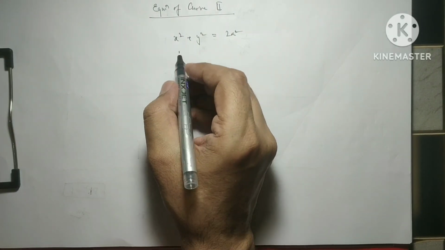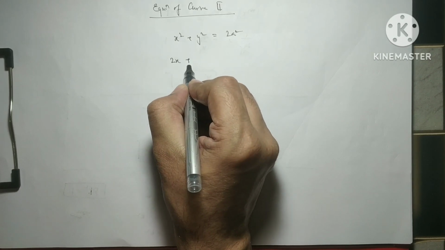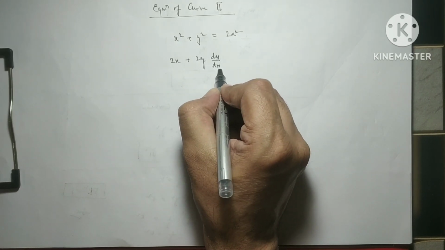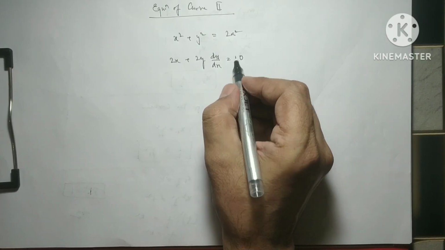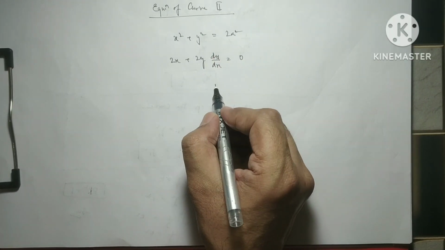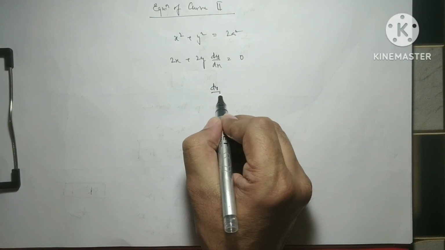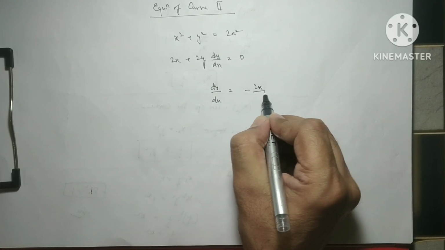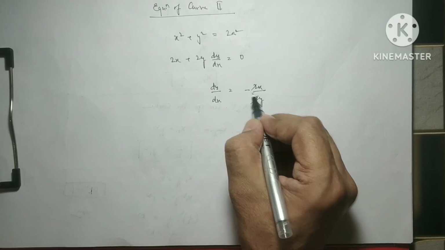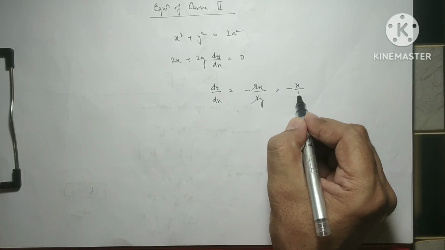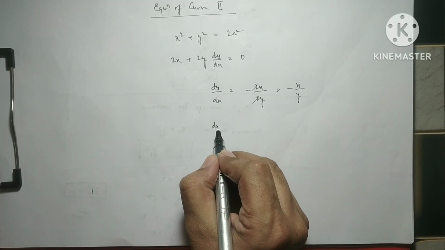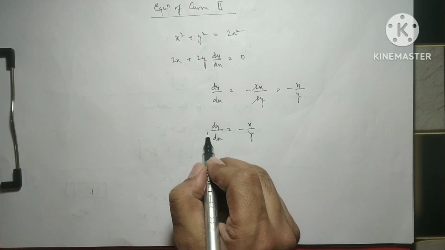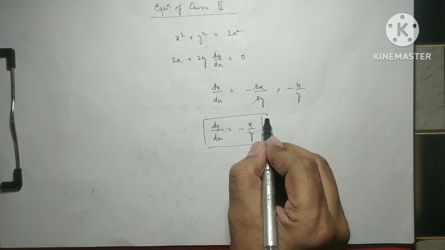On differentiation we get 2x plus 2y dy over dx equals 0, because this is constant. So dy over dx is minus 2x over 2y. On cancelling, we get minus x over y. So dy over dx is minus x over y. This is for the second curve.